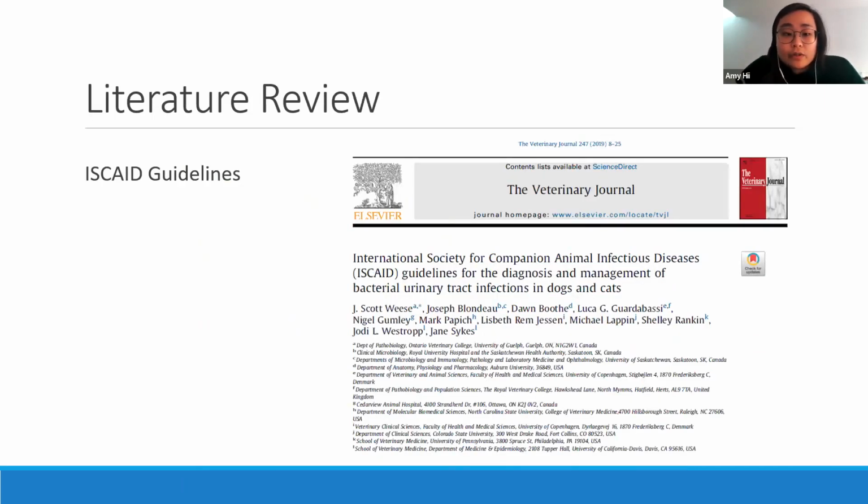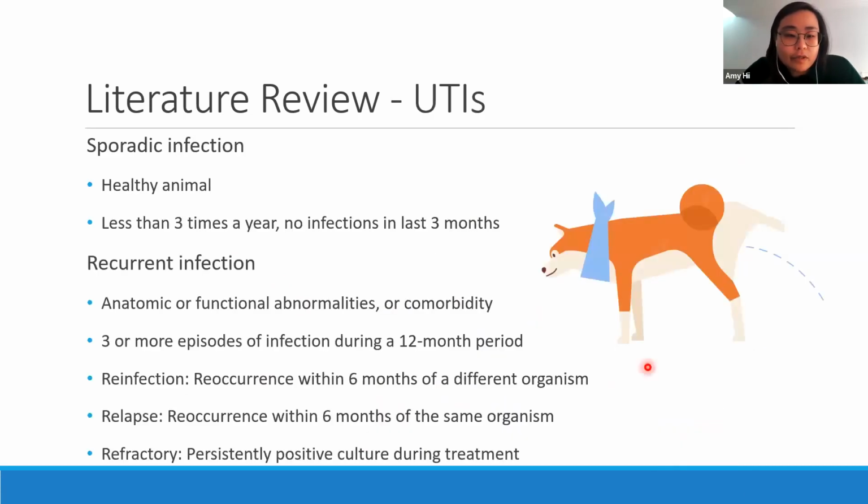Now, moving on to urinary tract disease. Most of these definitions are taken from the International Society of Companion Animal Infectious Diseases Guideline, or ISCAID, and this was published in 2019. And so there are two different types of urinary tract infections.